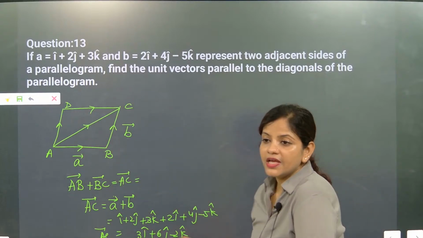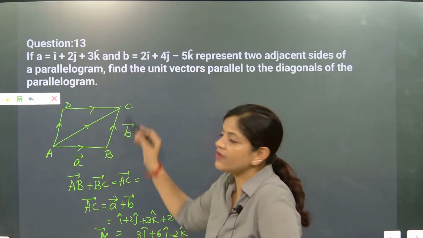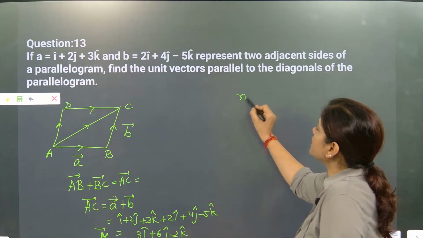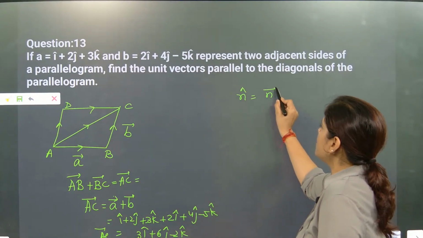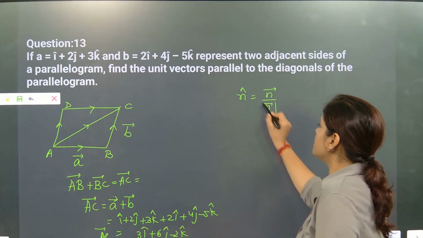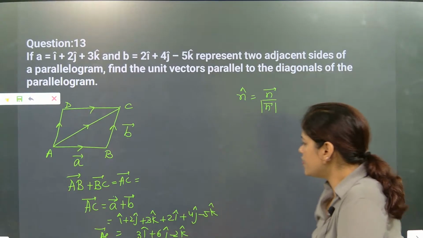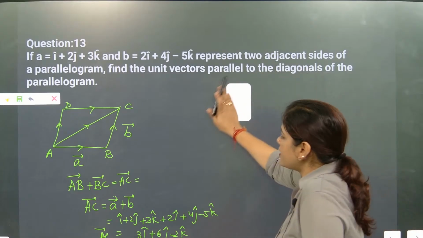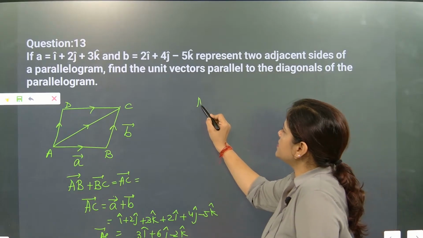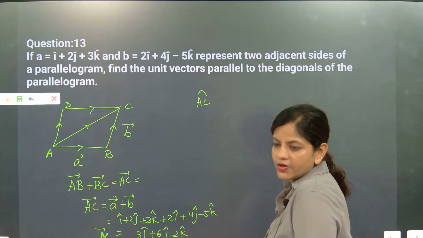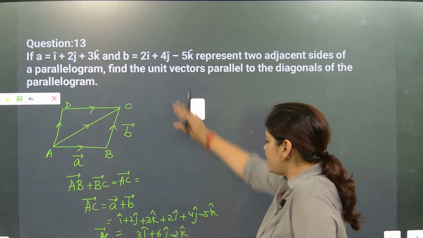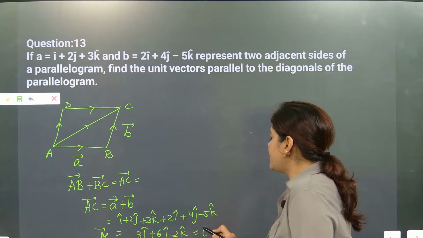So what is the unit vector of AC vector? Shall we find the unit vector first? What is the formula for unit vector, beta? Unit vector is equal to vector by its magnitude. So we are going to do that work only. Now we will call it C vector, then it will become easy to write its unit vector.